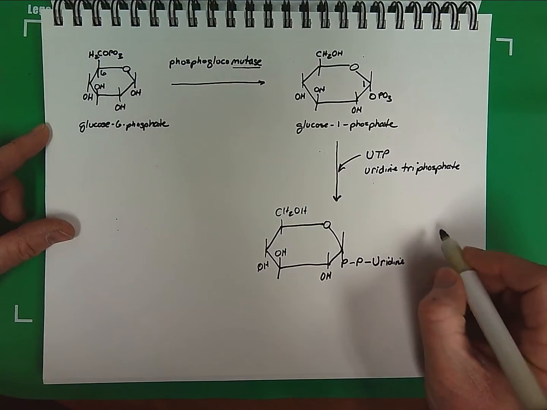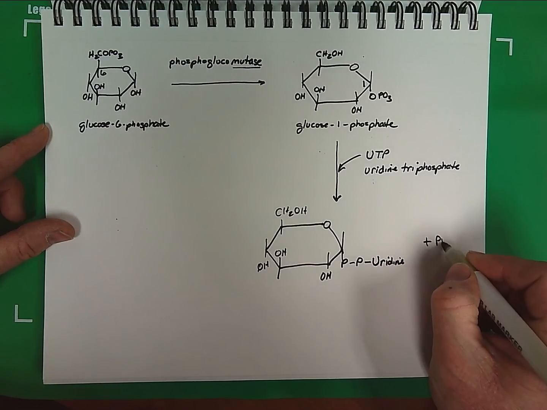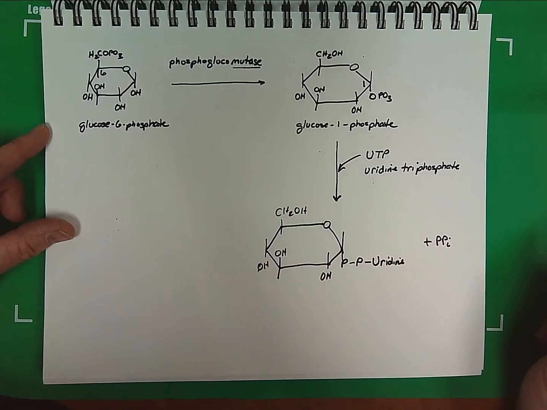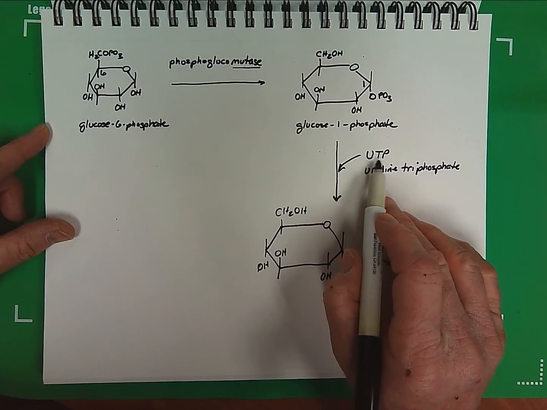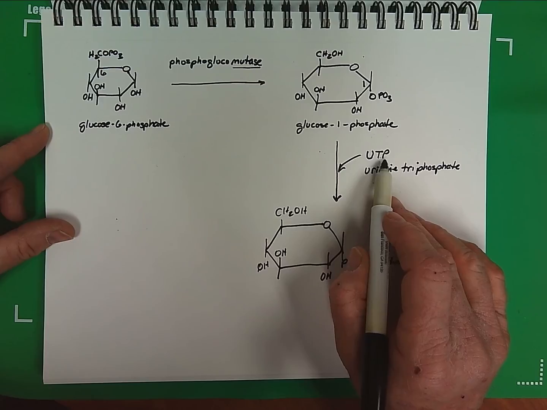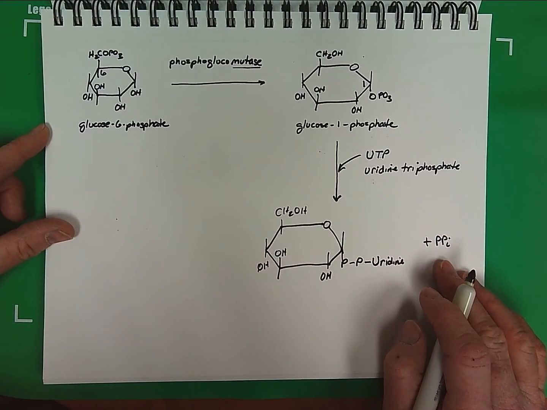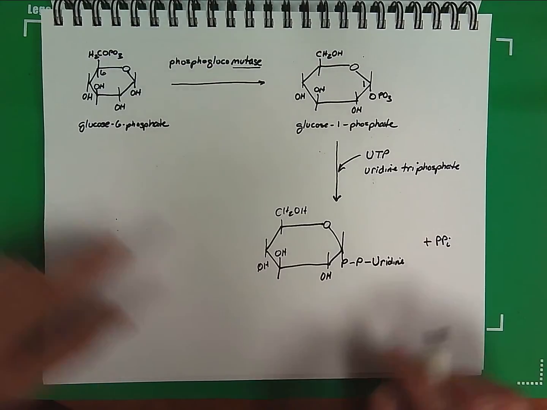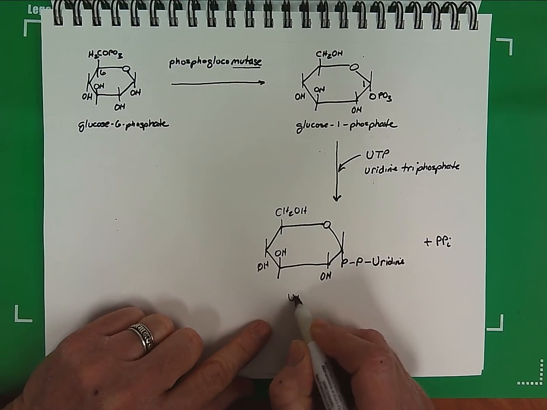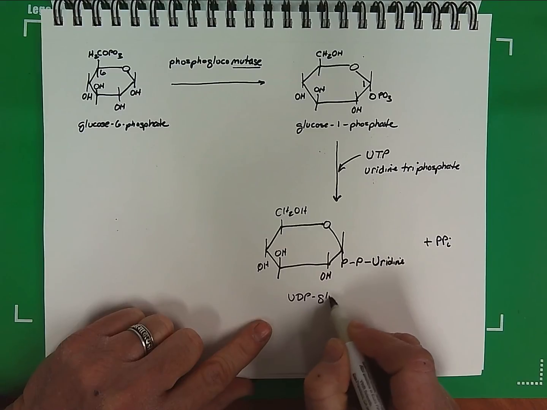What's left are 2 phosphates linked together. Because recall, UMP has only 1 phosphate, UTP has 3, so there's 2 phosphates that are missing in this reaction. So the product of this reaction is called UDP glucose.